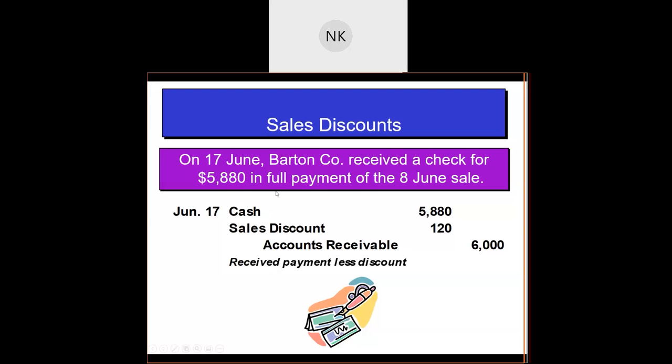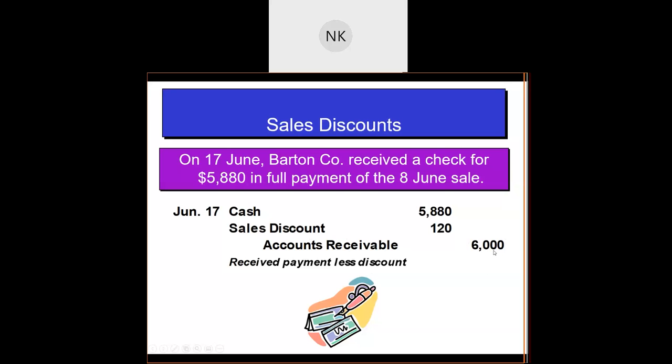Okay, first you debit the amount of cash that you receive. You cannot debit cash 6,000 because you only receive 5,880. And accounts receivable, don't make a mistake. Most students make this mistake. They put credit accounts receivable 5,880. Wrong, because we want to knock off all the accounts receivable that we created on the 8th of June, because you don't want to have any more balance.